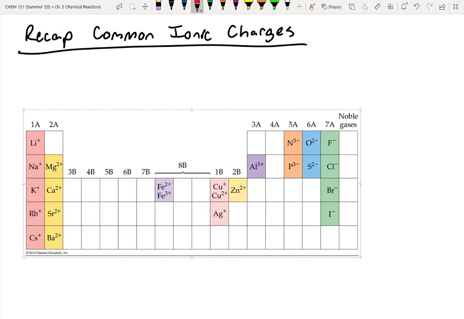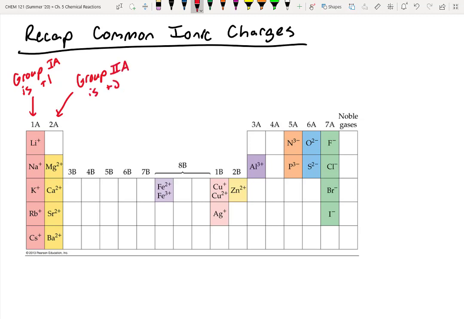So over here in group 1A, so group 1A is always going to be +1, right? And that's pretty easy to remember. And then over here, we'd say group 2A is going to be +2. So that's pretty easy to remember too.